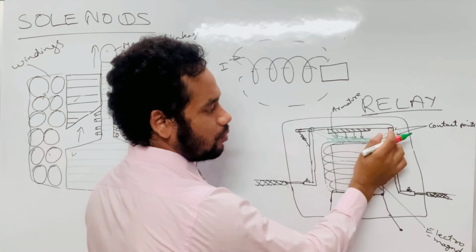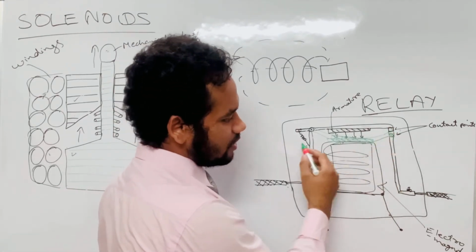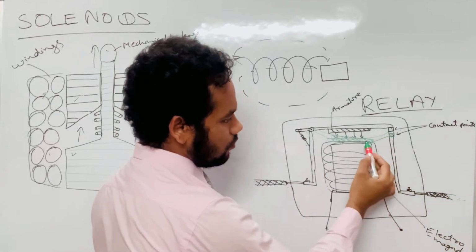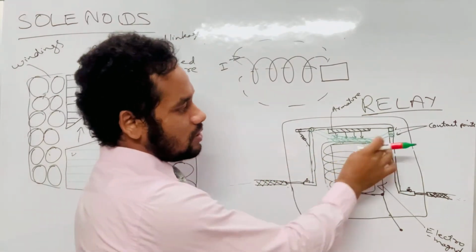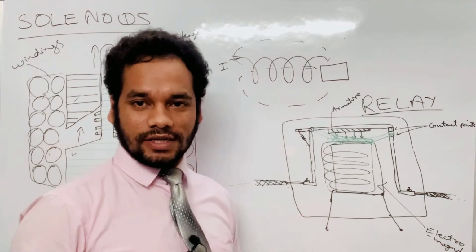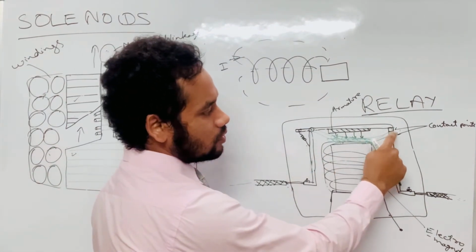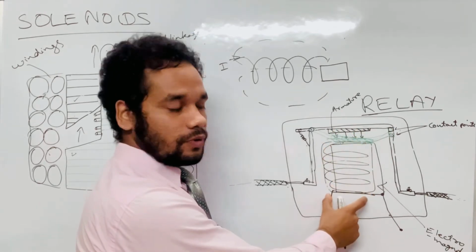So both the contact points will close. When both the contact points close, then the circuit is completed. See, from this wire, the current was flowing like this. It will go by means of this path. From here, it will be connected to this circuit. That means the contact points, when closing, close the circuit. So friends, how did these two contact points close? Because of the armature getting attracted by the core.